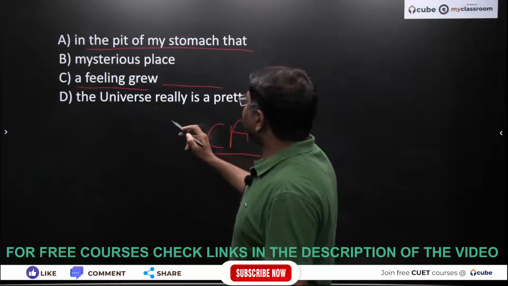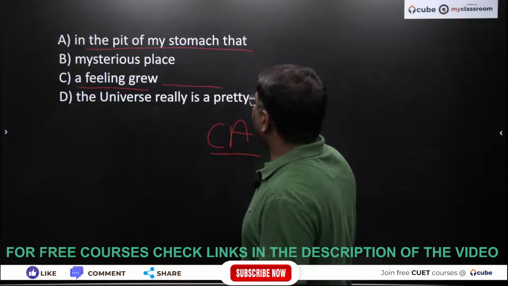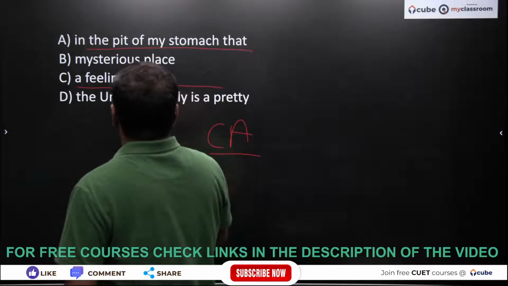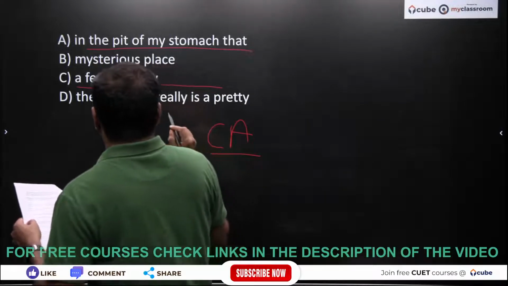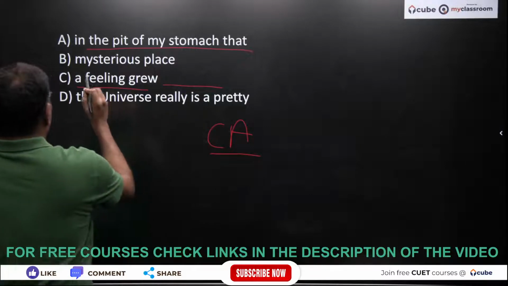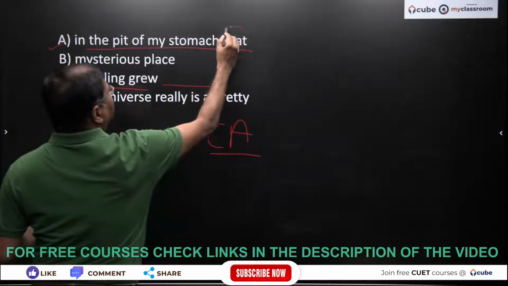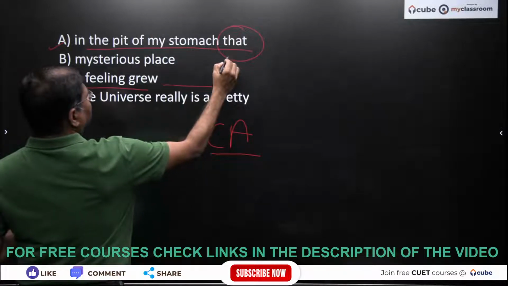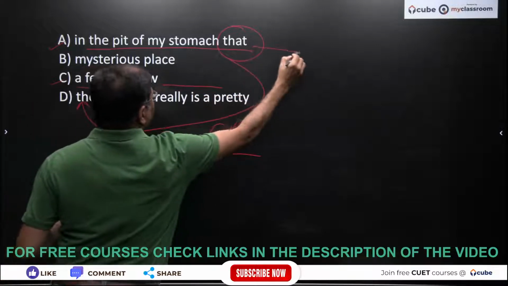The universe really is a pretty mysterious place. A feeling grew. So here we don't have a proper sequence. We can end up like this: a feeling grew in the pit of my stomach, and this "that" is going to connect with this part of the sentence, because this "that" needs something to come.